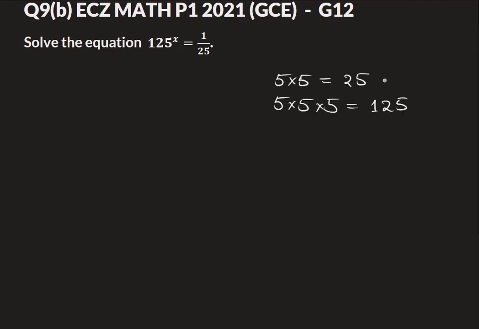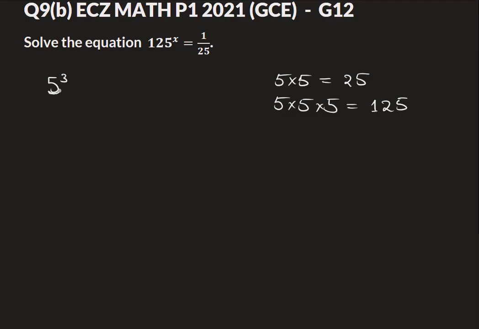So what I mean is this 25 can be expressed as 5 to the power 2, and this 125 can be expressed as 5 to the power 3. In this case, the question will now be solvable. So with that said, we have 5 to the power 3.